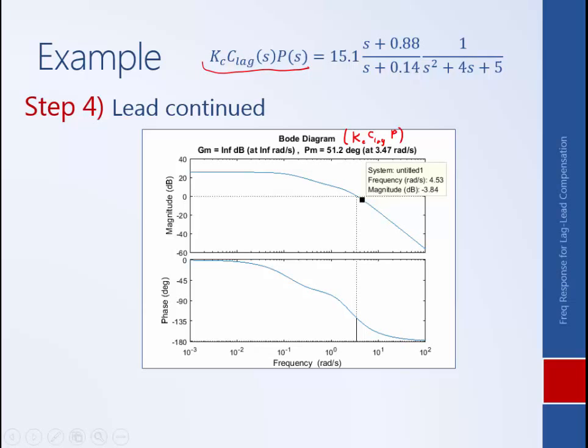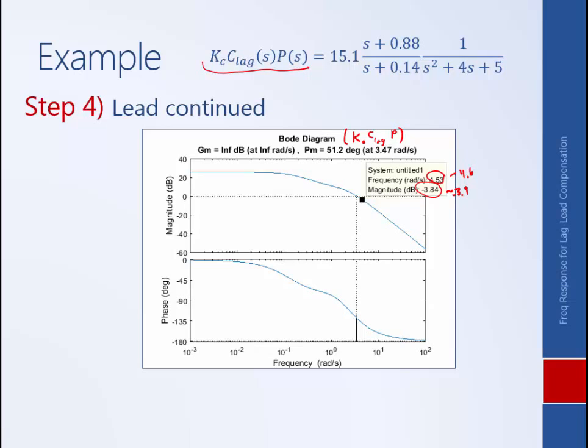So the lag compensator with the plant, the lead compensator is going to add about 3.9 dBs at the center. And so if we look at this Bode plot, we're at negative 3.9 dBs at approximately 4.6 radians per second.